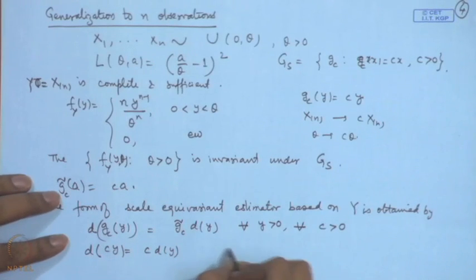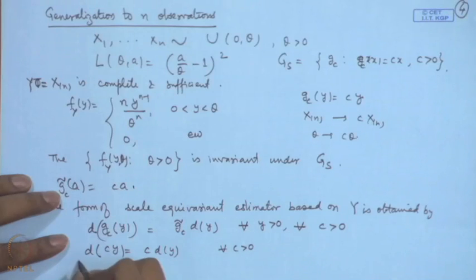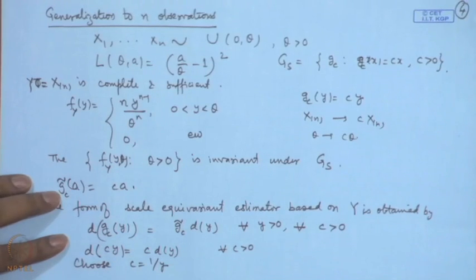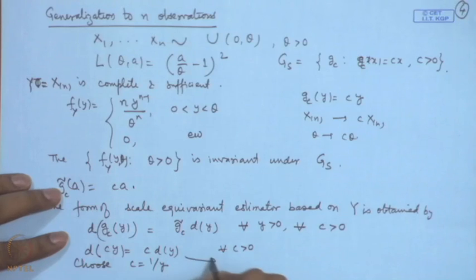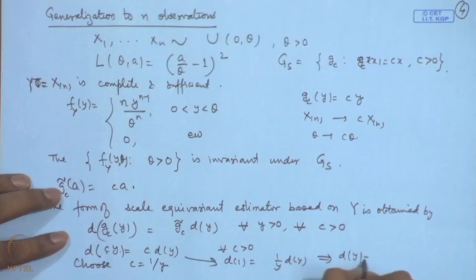So, you can choose c equal to 1 by y. So, there is no invariant here, actually no maximal invariant here. You will get d of 1 is equal to 1 by y times d of y. This implies d of y is of the form, this d of 1 is a constant, times y.